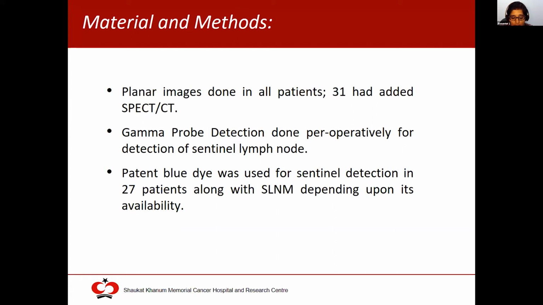In all 55 patients, gamma probe detection was used peroperatively to detect the sentinel lymph node. Patent blue dye was also used to augment our search for the sentinel lymph node in 27 patients.